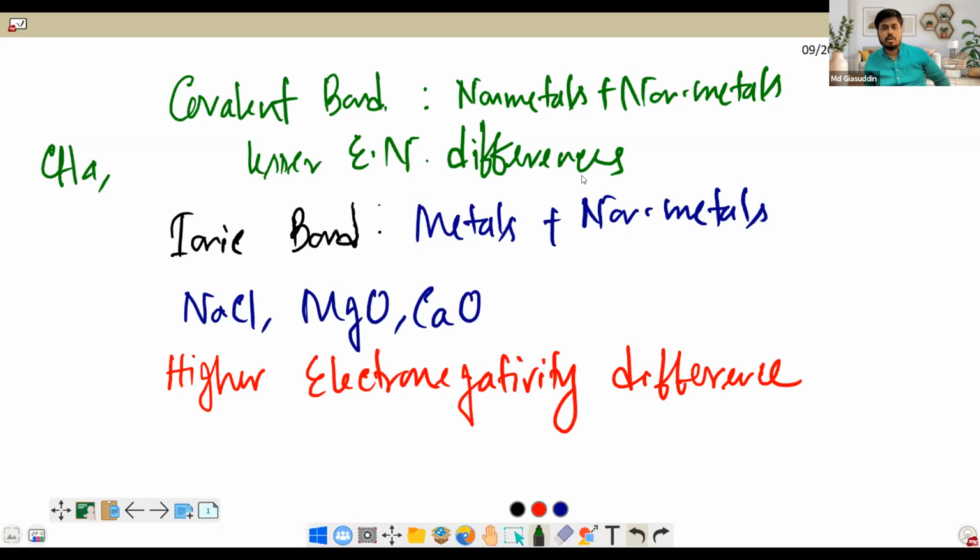That is the main reason why these bonds are forming covalent bonds and ionic bonds. Okay. Note it down in your copy. Done?